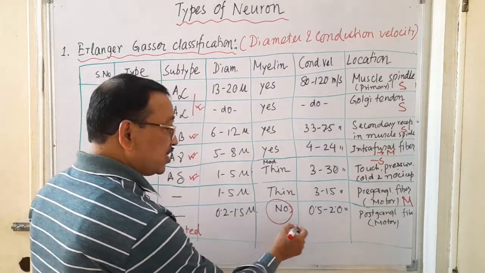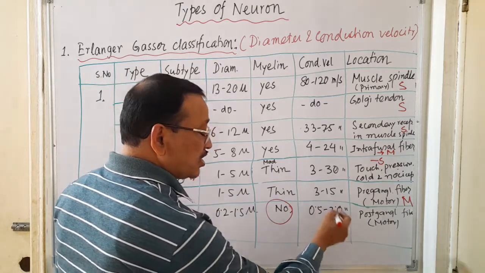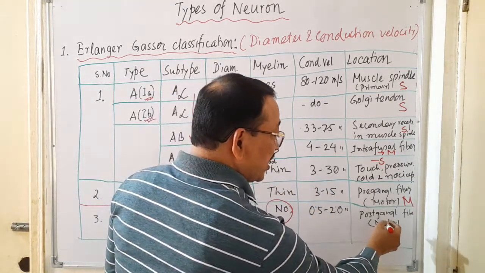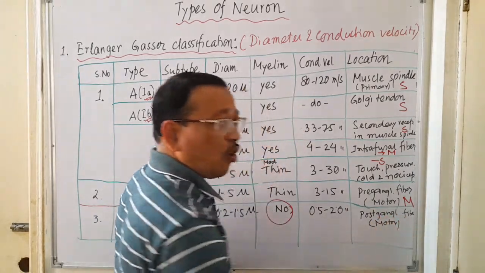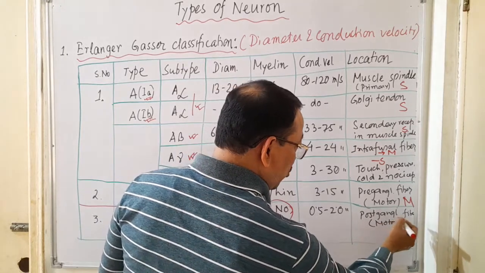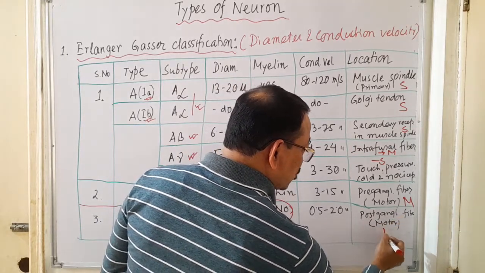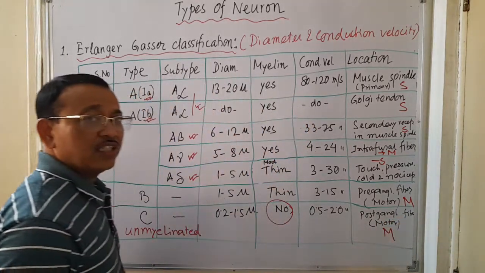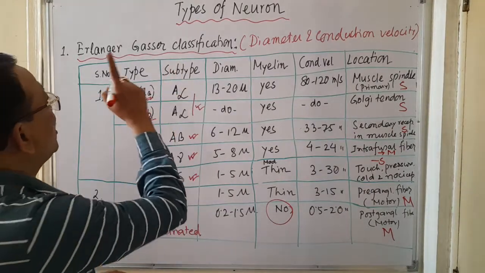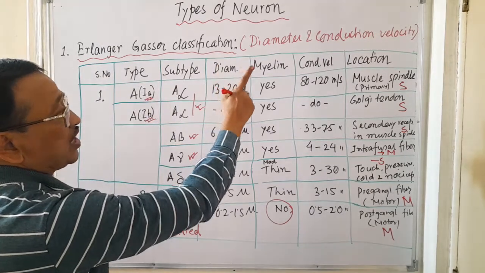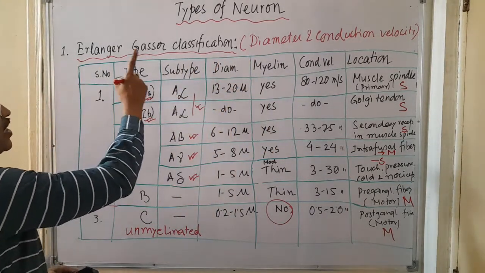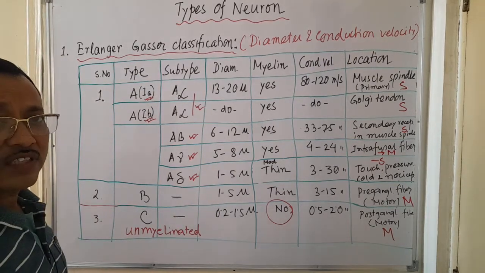So no myelin sheath, and thereby conduction velocity is very less, very slow, and these are distributed in the postganglionic autonomic nervous system as a postganglionic fiber, and these are also motor in nature. So this is the first type of classification of the neuron, that is on the basis of diameter and conduction velocity, which is otherwise known as the Erlanger Gasser classification.